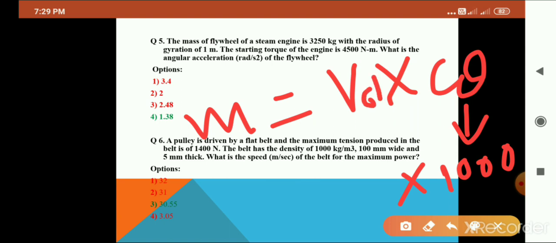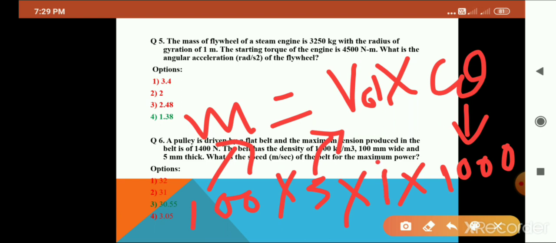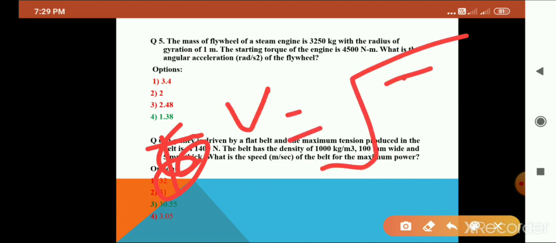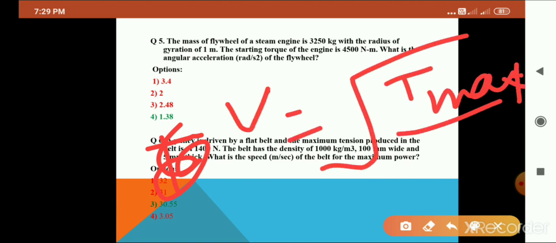Here, see, the width 100 millimeter, we have to convert it into meter, and then 5 millimeter thickness, we also have to convert in meter, into L. L is not given, but we will take L as 1 meter, then calculate it and put the value in the final expression, which is v equals root over T max by 3m.